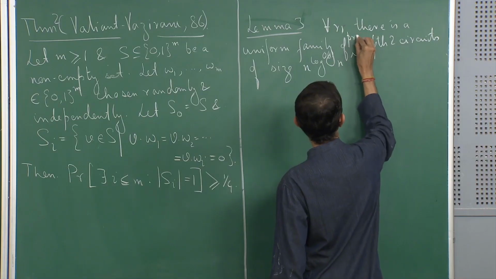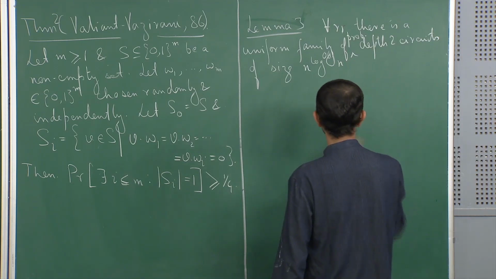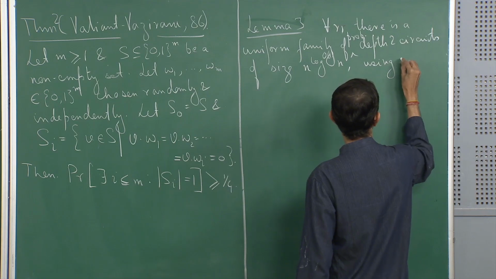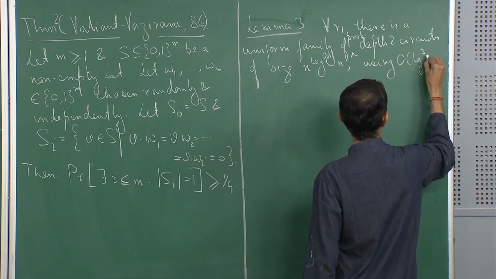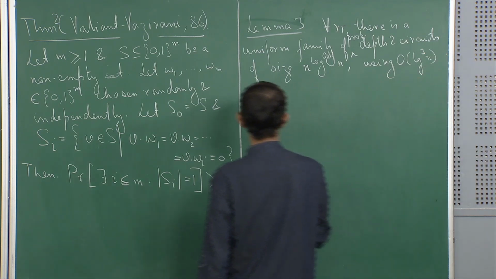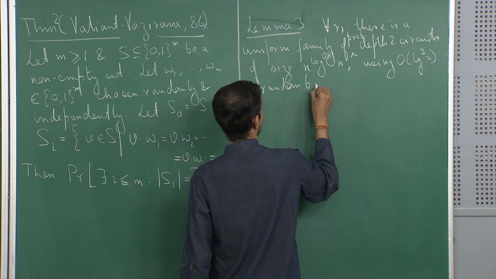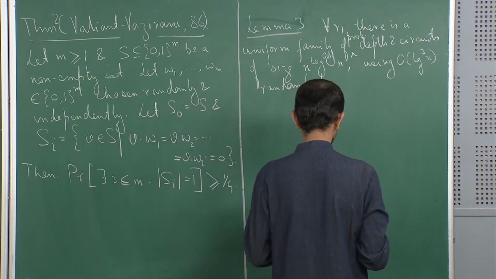So probabilistic depth two circuits of size this much, using order log cube n random bits.